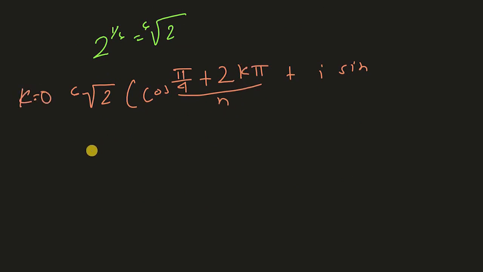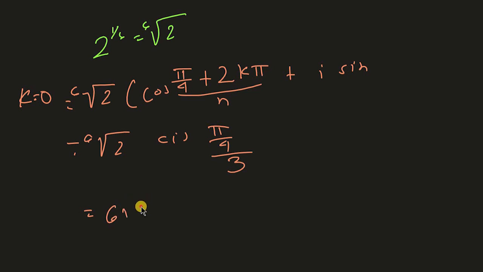So dito, we start first with k is equals to 0. So if this is 0, that would be more simplified as pi over 4. Since that's 0, 0 times 2 is 0 times pi is 0 over, ano yung n natin? The value of our n is 3, since cube root siya. Okay? So, simplifying that, 6 square root of 2.